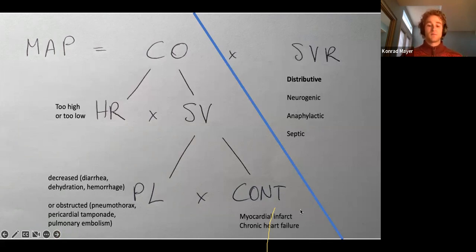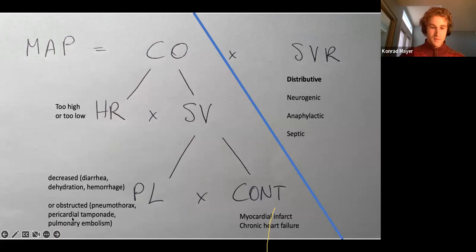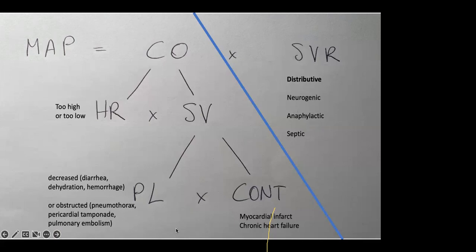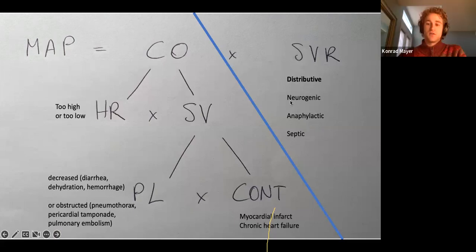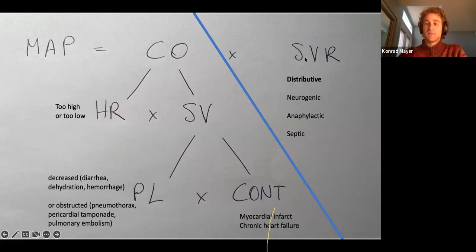So how can we have different forms of shock? As I mentioned, there are different forms of distributive shock: neurogenic, anaphylactic, and septic. These all lead to decreased systemic vascular resistance.